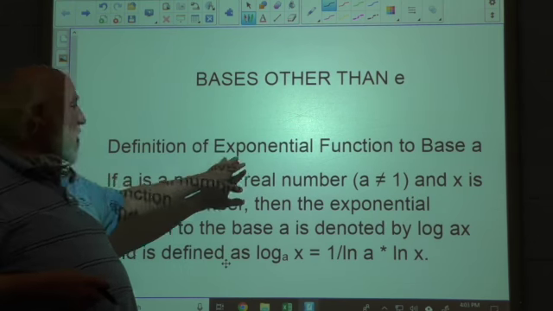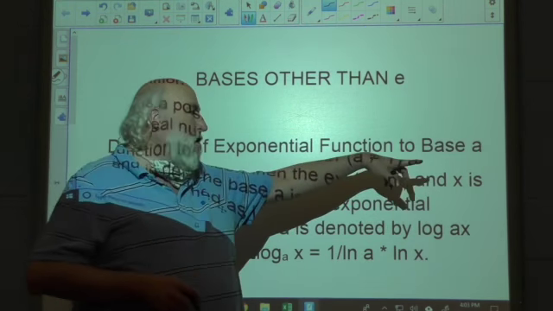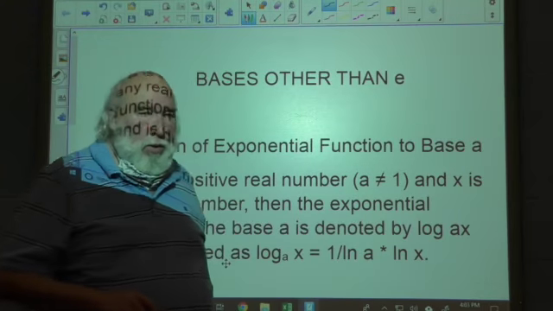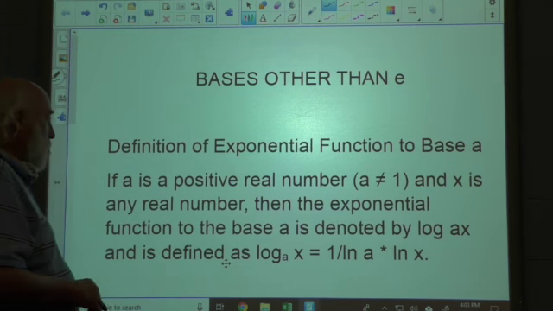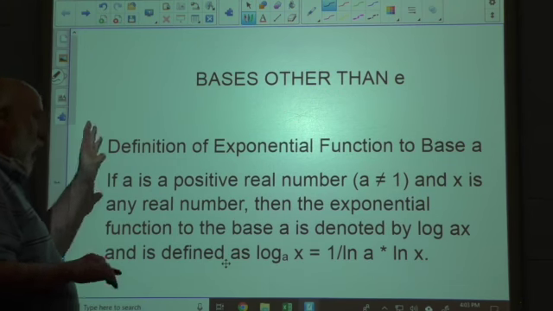This is the definition of exponential function to base a. A means any number not equal to 1, greater than 0.